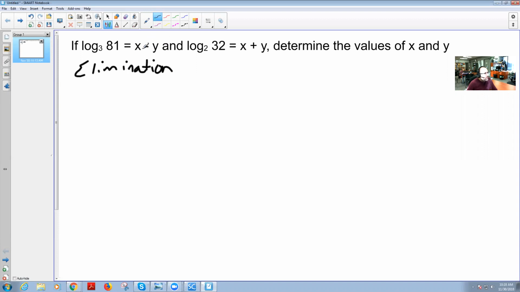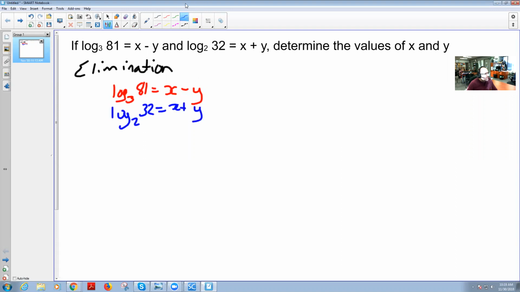So we put them aligned with each other, and then we can see what I mean by that. Log base 3 of 81 equals x minus y. And let's show the other one now. Log base 2 of 32 equals x plus y.